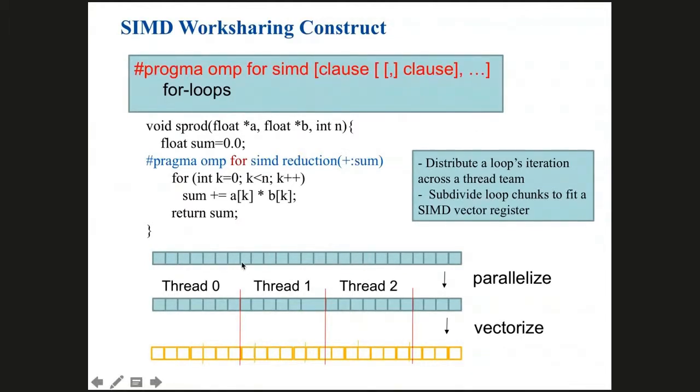Basically you have an array, and the first thing is to distribute the array among a team of threads, so each thread gets its work to do, and then SIMD further vectorizes it.